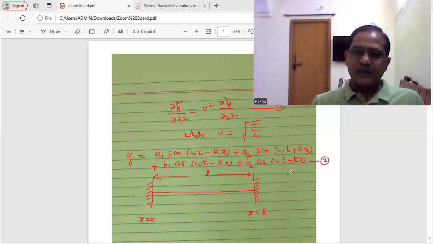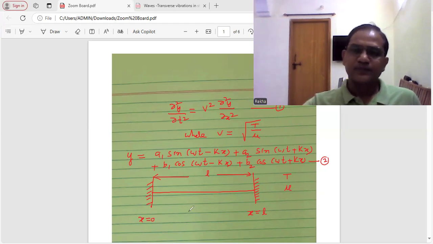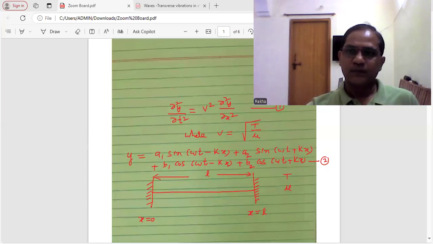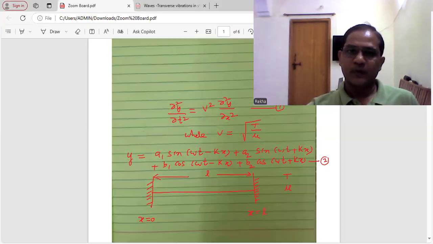Here we have applied the tension capital T, and the linear density of the string is mu. Mu is nothing but the mass per unit length, linear mass density, right?